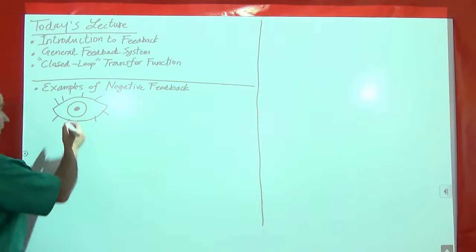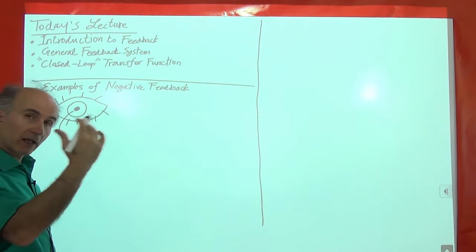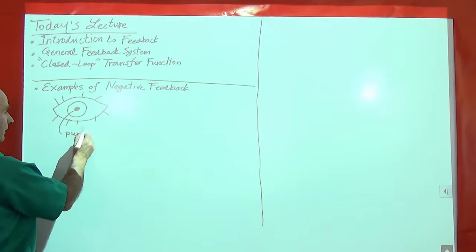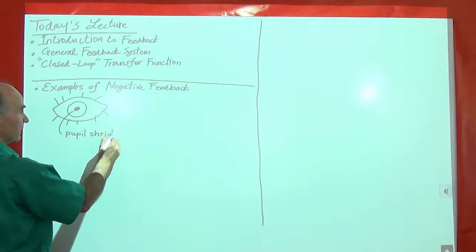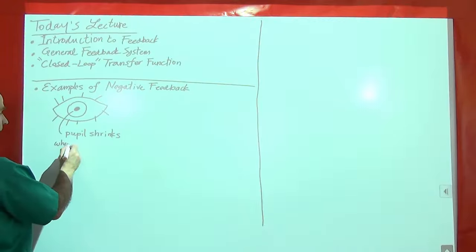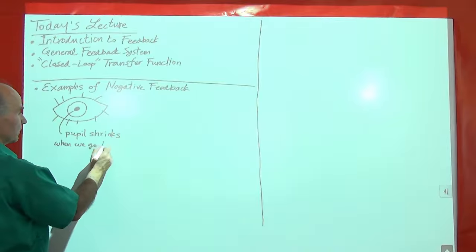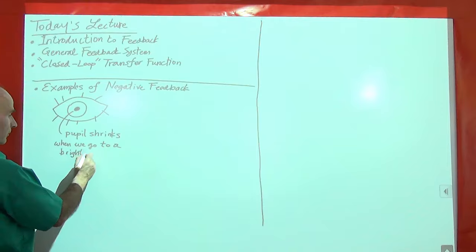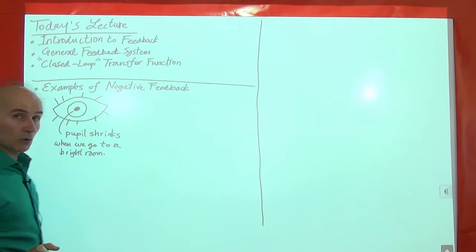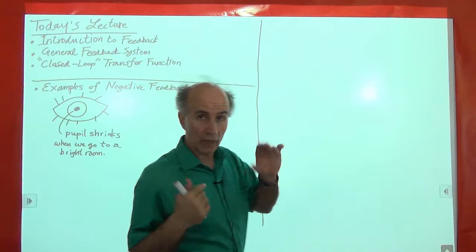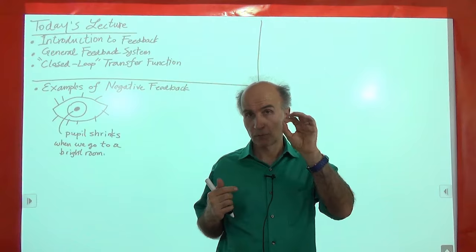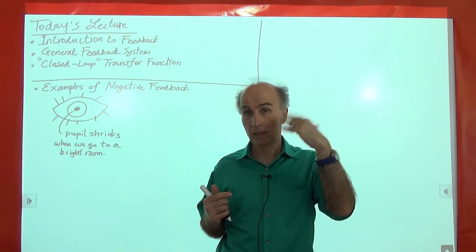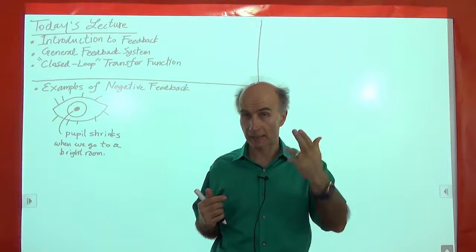Why? Because we want to allow less light into our eye, right? So the eye is smart enough to adjust the size of the pupil to make sure that the amount of light that enters our eye and hits the retina in the back is controlled, right? That's the negative feedback system.